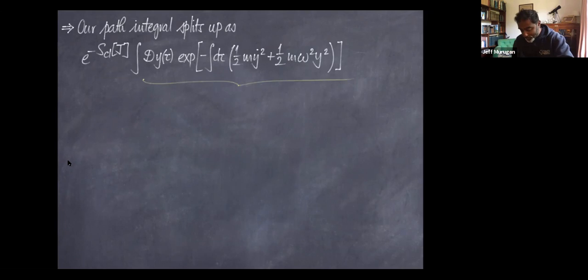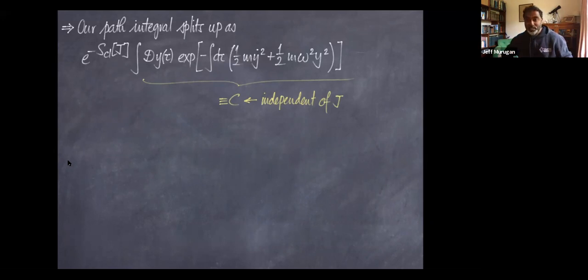For my purposes, for this part, I am going to call this C, because as far as I'm concerned, it is a constant that is independent of J.